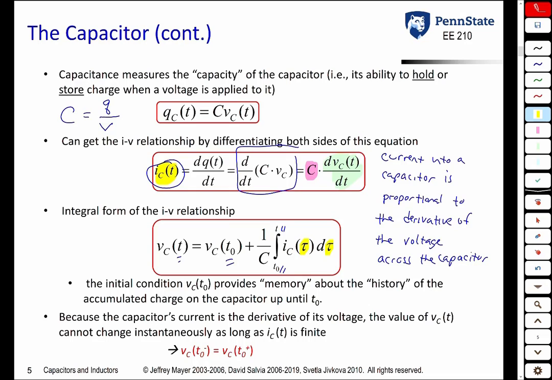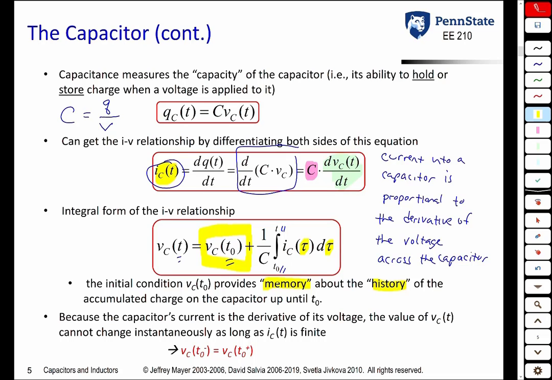Two more important points before we continue on. One is this term here. The fact that the voltage across the capacitor at a given time is a function of the voltage across the capacitor at a previous time means that there's going to be history involved, or that this capacitor has some memory to it. This is going to be an important point, as we're going to see.